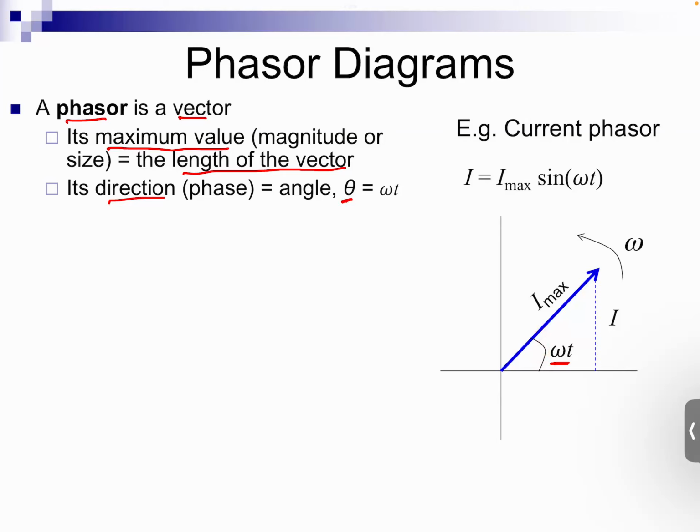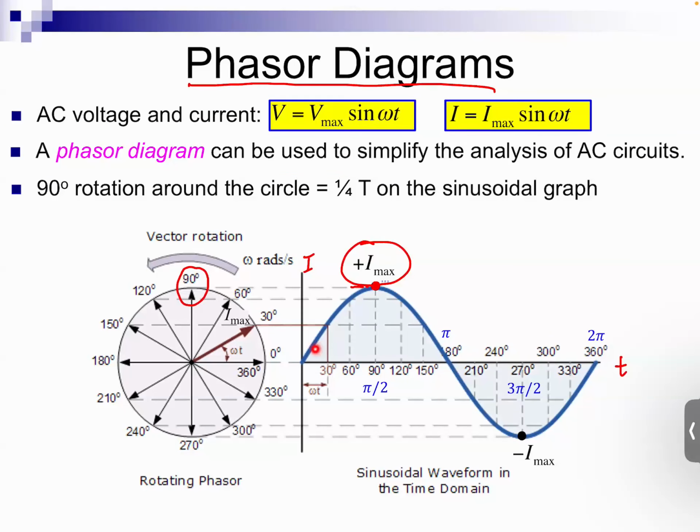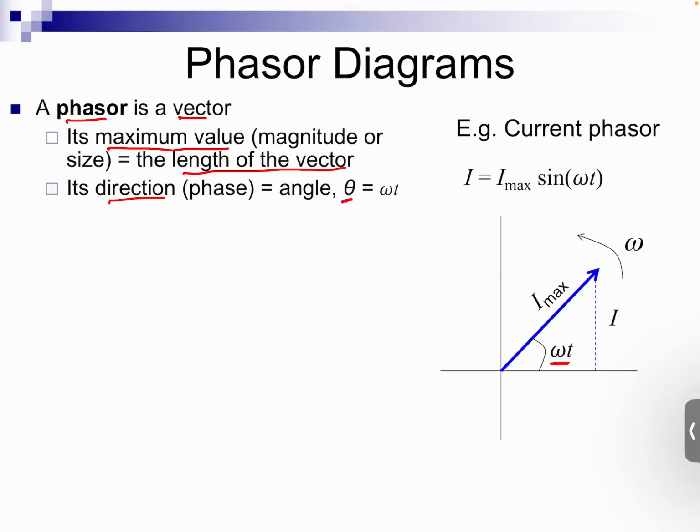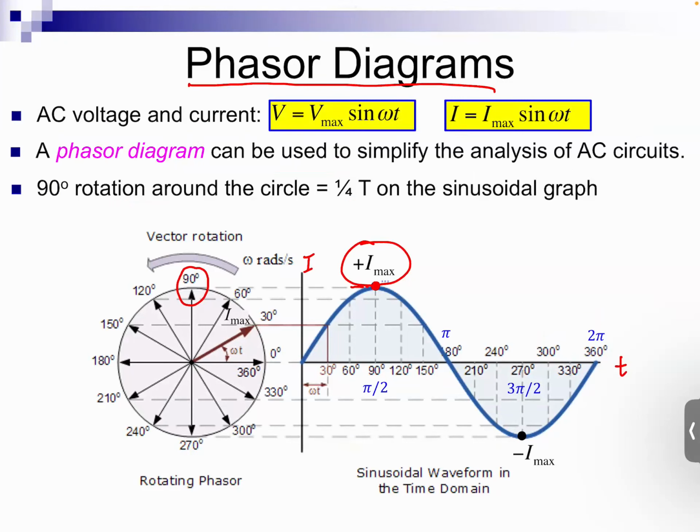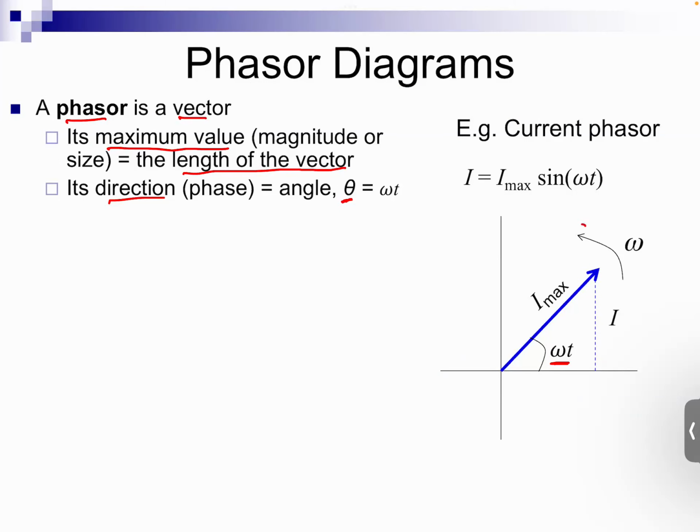To represent this sinusoidal graph in terms of the phasor, we say that the phasor rotates around the circle. The sinusoidal graph that varies in amplitude with time is equivalent to this phasor that rotates around the circle, in the anticlockwise direction at an angular speed of omega.